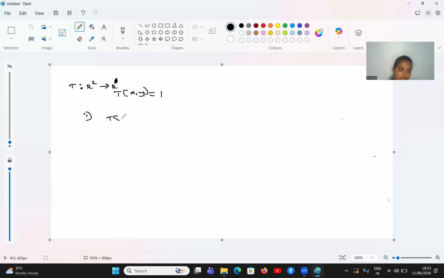That means T of u plus v equals. As in the last problem, we take (x1, y1) as u and (x2, y2) as v. Which is equal to T of, just adding inside the vectors, (x1 plus x2, y1 plus y2).